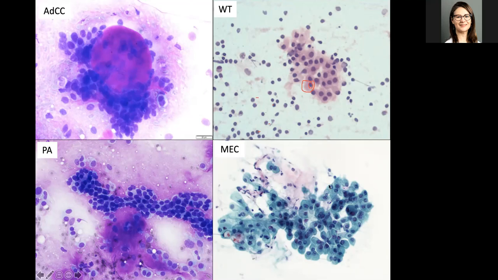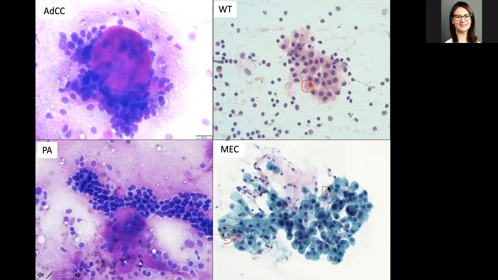And then on the bottom right, mucoep. So you might ask, why is this a mucoep? Well, mucoep is one of the very few, if not the only, salivary gland tumors that truly produces mucin in the neoplastic cells. And what you see here is a nice signet ring, goblety mucin cell. You maybe see some more intracytoplasmic mucin here.